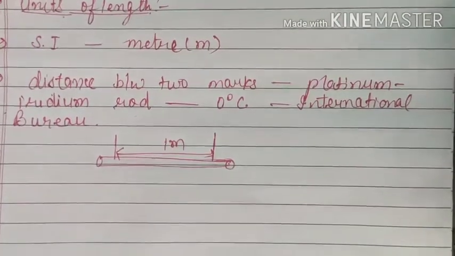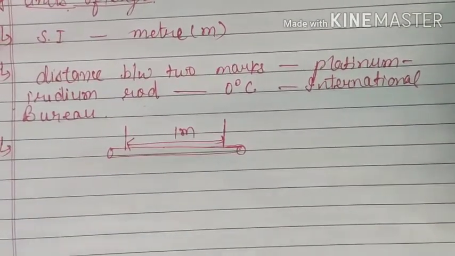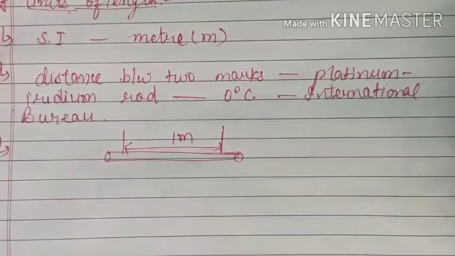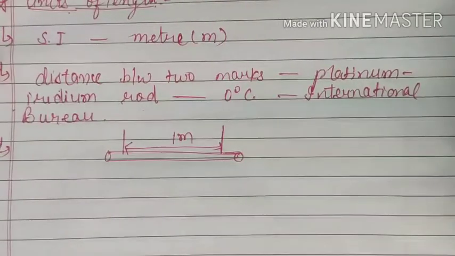Actually this rod is kept at the International Bureau of Weights and Measures near Paris. That means we have an international bureau at Paris. There we have kept a rod made of an alloy of platinum and iridium, with two markings on it, and the distance between both these markings is considered the standard 1 meter measurement.